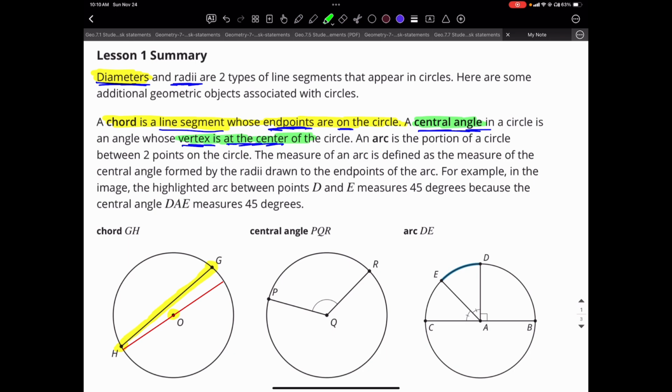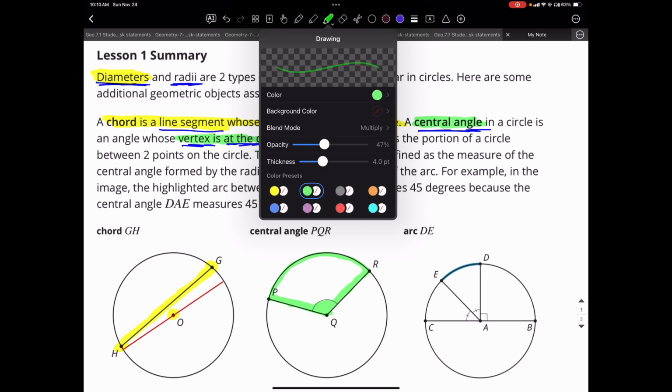So down below, this is a central angle, right? And a central angle is going to be relative to the arc that it creates, right? The arc that it creates. So that's the next definition.